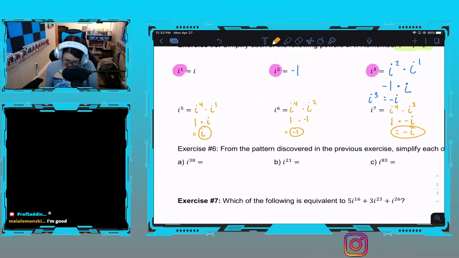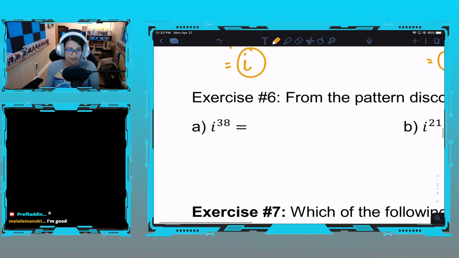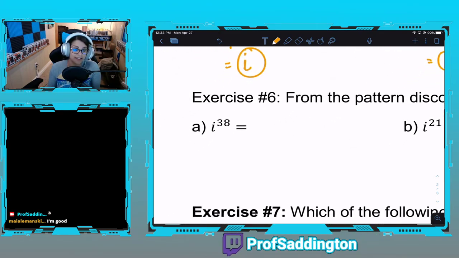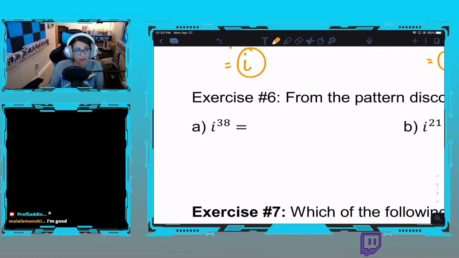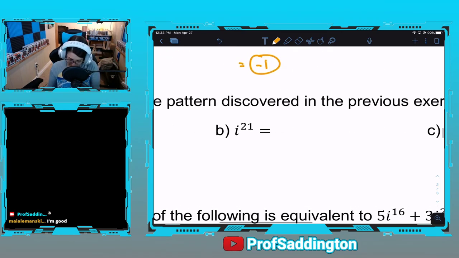So, let's do something bigger. i to the 38th. Now, you may have seen some other patterns, or if you want to just keep using the 1, 2, 3, 4, it's totally fine. Whatever works for you. Let's do one a little smaller. It won't be that cruel. Let's do like the 21st power.